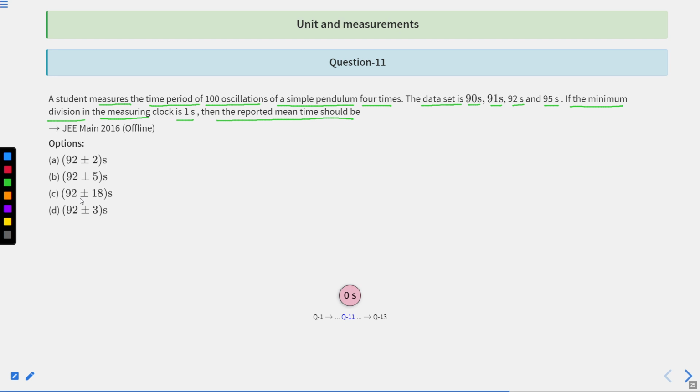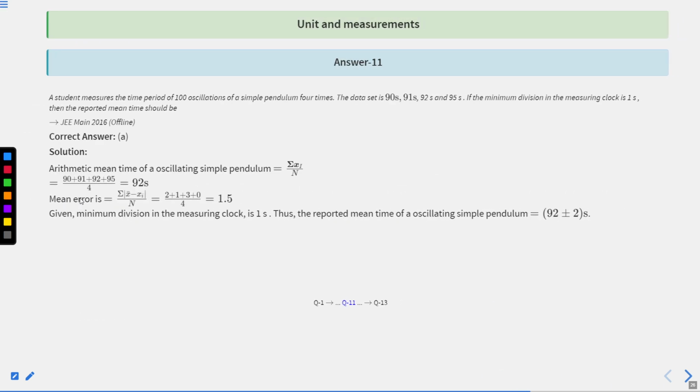Let's find the solution. The arithmetic mean time of an oscillating simple pendulum is this. Clear? So the given data set is 90, 91, 92, 95 and total data is 4. After calculating, this is 92 second and the mean error is this.